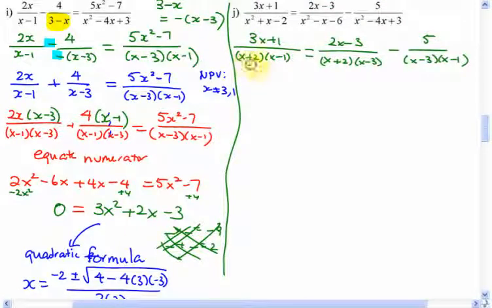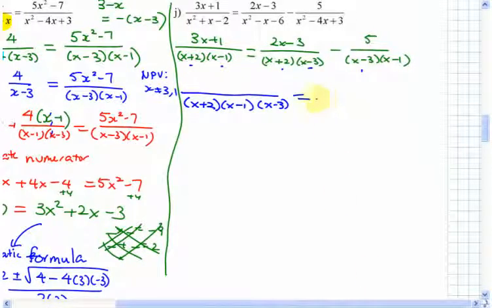I've got an x plus 2, an x minus 1, x plus 2, x minus 3, and an x minus 3, x minus 1. So the common denominator, unfortunately, has 3 of these factors. X plus 2, x minus 1, and also x minus 3. Okay? Intense. But don't worry, it's not going to be that bad.